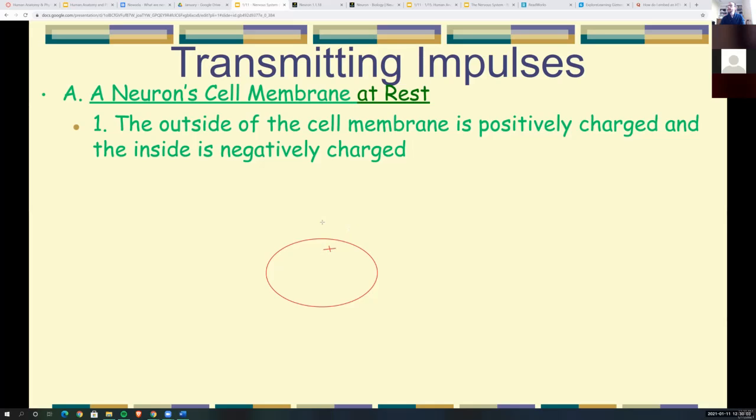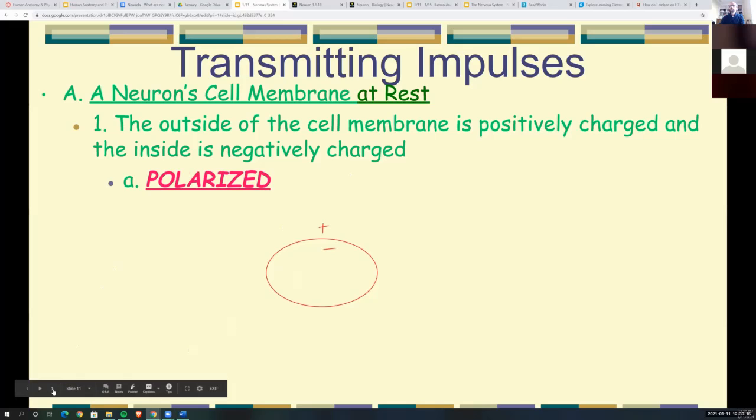So we start with the negative on the inside, positive on the outside. We call this polarized.